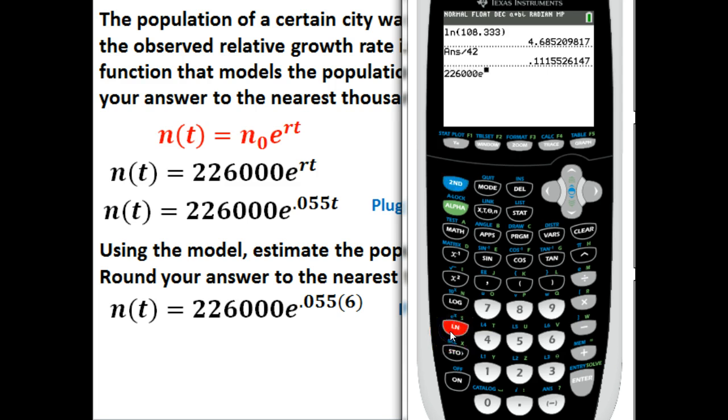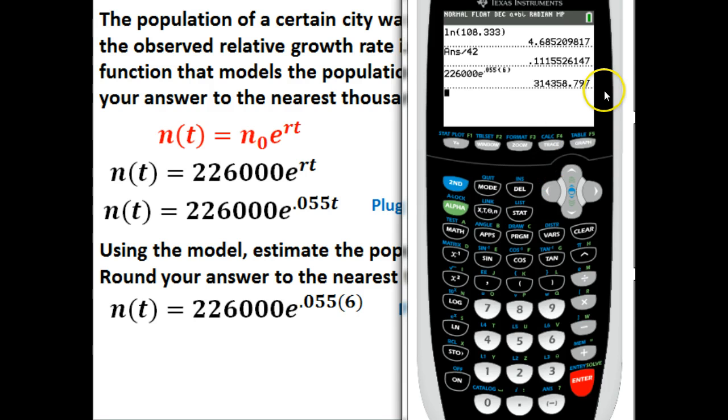Then we can hit LN, and that's where our e is. When it does that, it automatically goes to the exponent, which is good. We're going to type it in just as we see it here, 0.055 times 6. Okay? And I'm just going to hit enter, and we'll see what it gives us as an answer. It gives us 314,358.8. You're not going to round that one until we're ready for it.